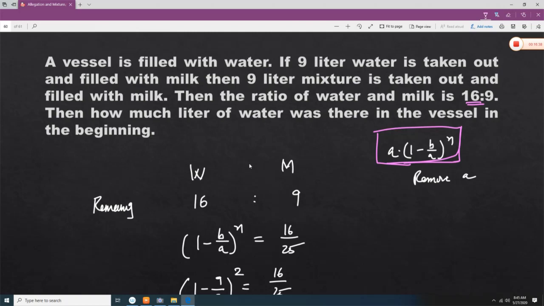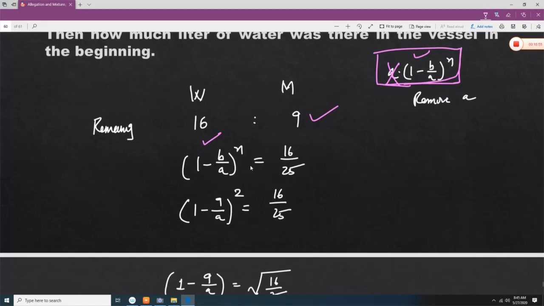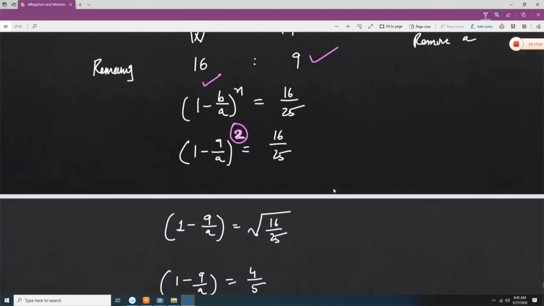Now here the new ratio is already given. When the new ratio is already given, then what we need to do is remove this A and apply this equation. So in this equation, the new ratio is 16:25. And here we are repeating the process 2 times, so it is power 2. Now if you want to remove this power 2, then we have to put this figure into the square root.